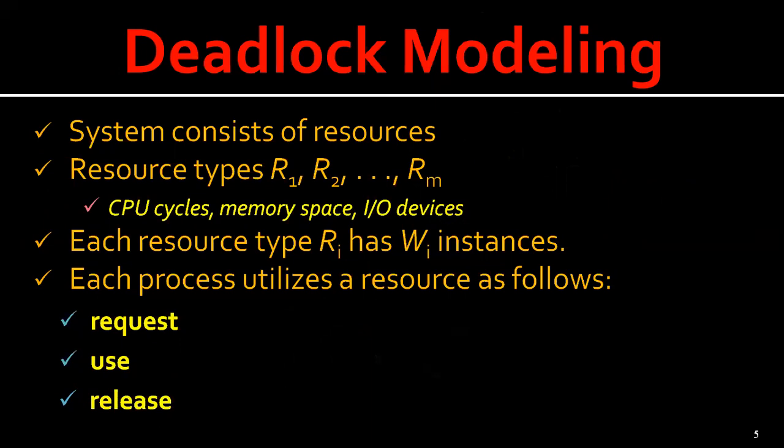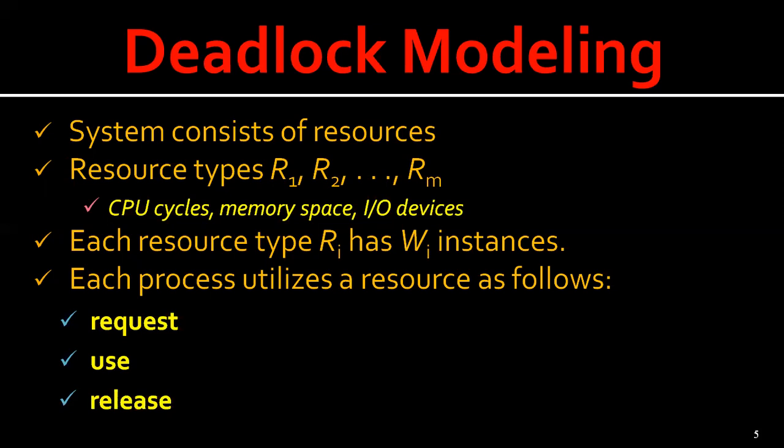So these are all examples of resource types. Suppose the system has two CPUs, then the resource type CPU has two instances. Similarly, the resource type for printers may be 2, 3, 4, 5, depending on the number of printers that are available.